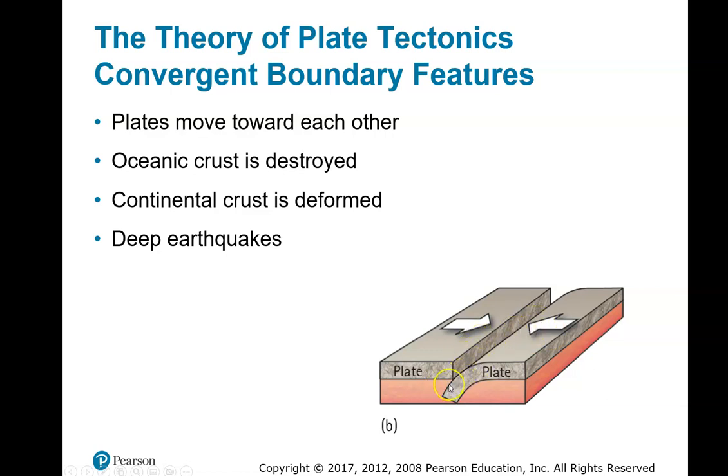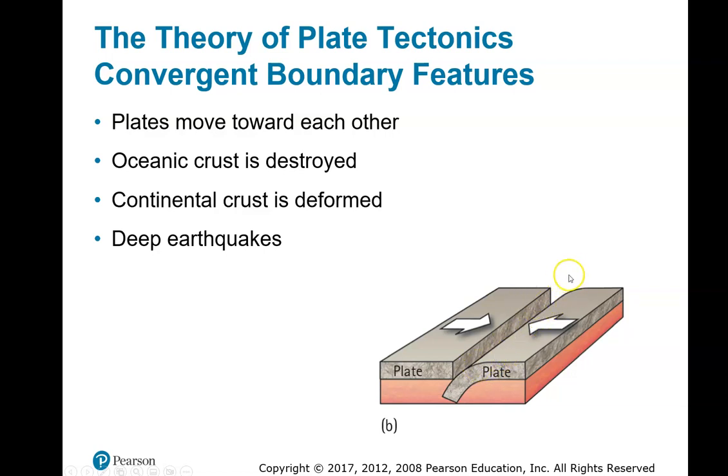This is a good example of subduction, where the more dense oceanic plate will subduct below, and you're actually losing part of the lithosphere. This is where we find these huge trenches. Again, these are usually in the oceans that you find these things.